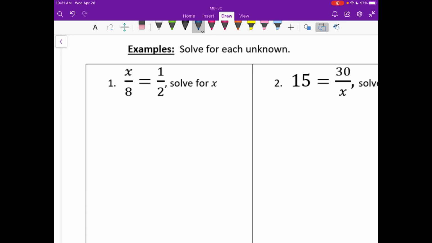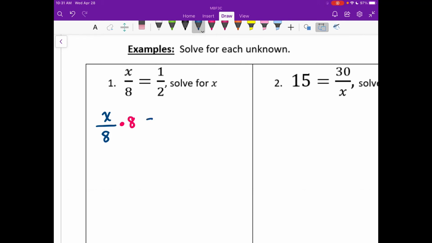One way that we could go about doing this is getting rid of the 8 here. If I want to isolate x, I have x divided by 8. To get rid of the 8, I just need to do the opposite of division, which we know is multiplication. So I'm going to multiply this side by 8.